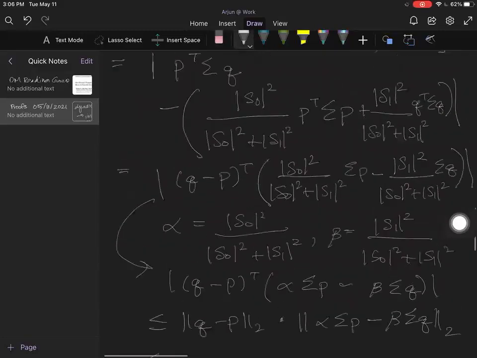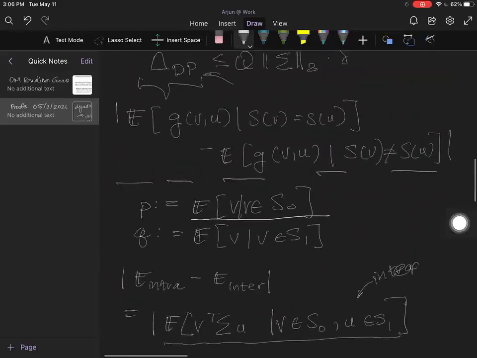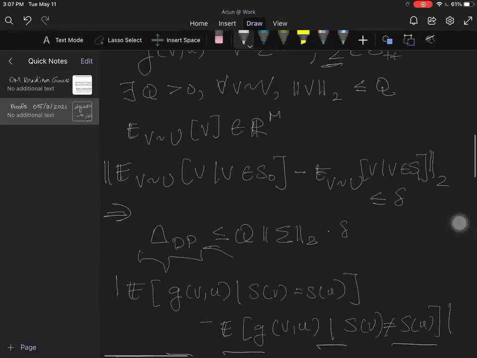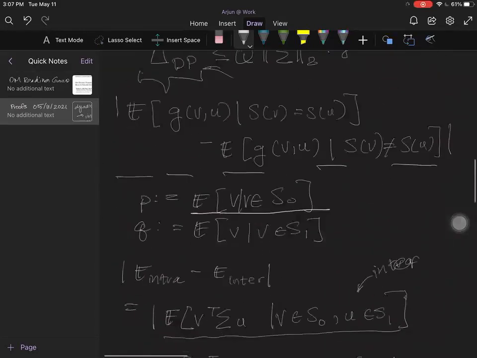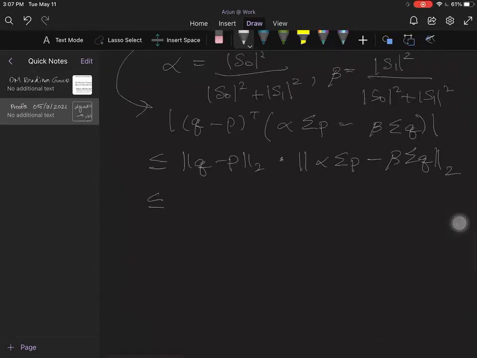I know there's so much notation here, but we said up here that Q minus P, by assumption, the difference's norm is going to be less than or equal to delta. So we can bound this term by delta.